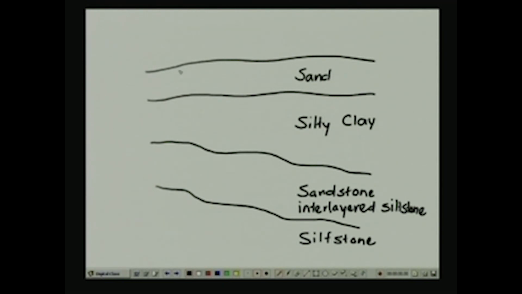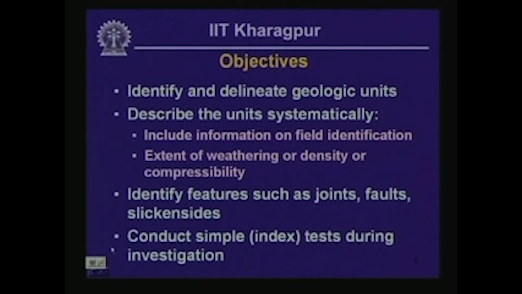So, we not only want to find the thicknesses of individual units, we also want to find the slope of these units. If you recall, this slope is called the dip of these interbeds or interfaces. This is one of the things that we want to find from a subsurface investigation.